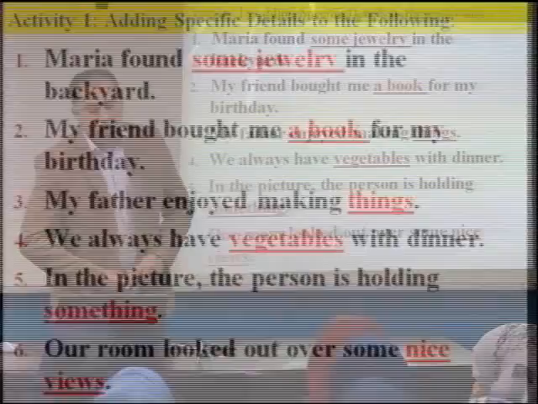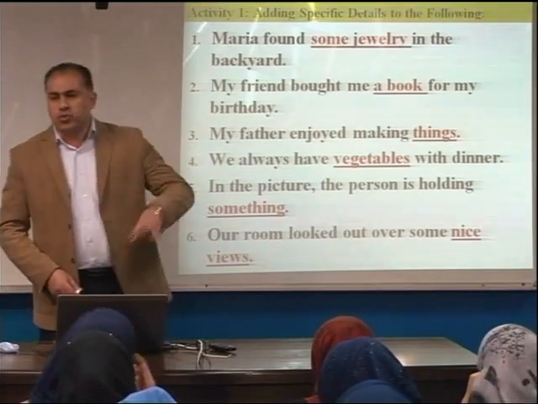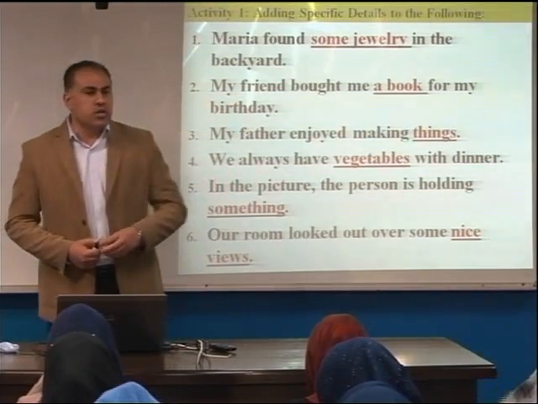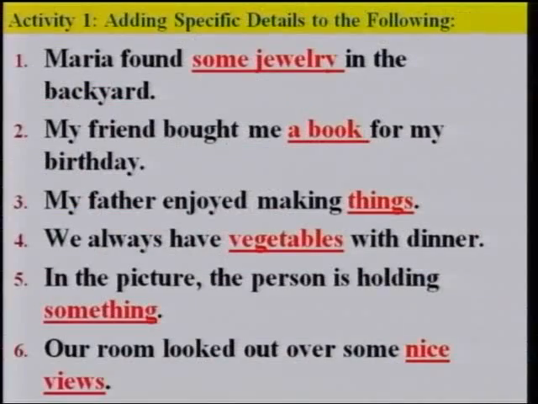Alright, let's see. Maria found some jewelry in the backyard. Now, some jewelry is not really specific. It's a more general term, a general word. Yes, how did you answer it, please? Maria found a beautiful ring in the backyard. Very nice. Is there another answer?